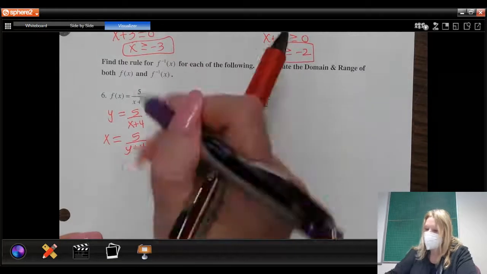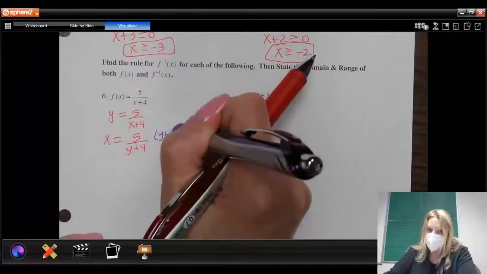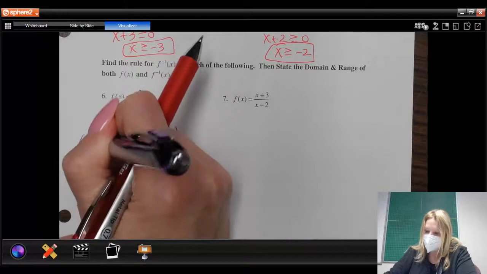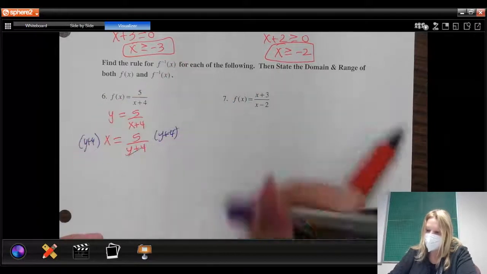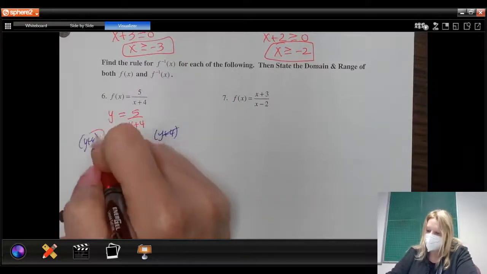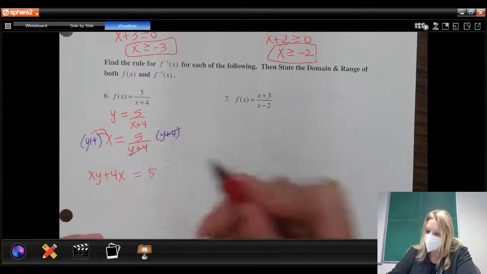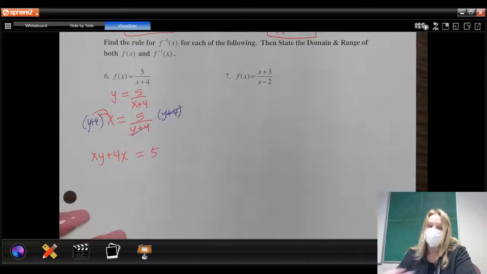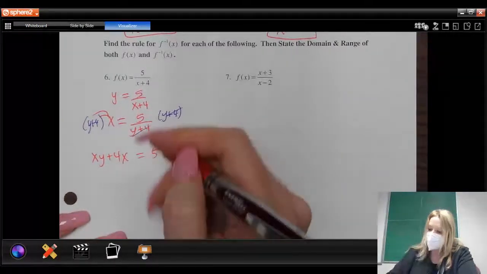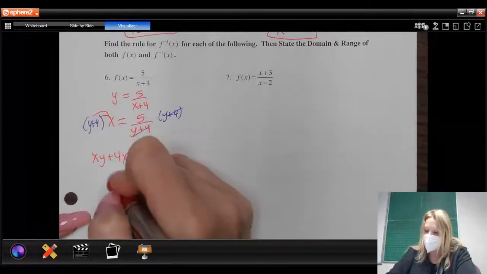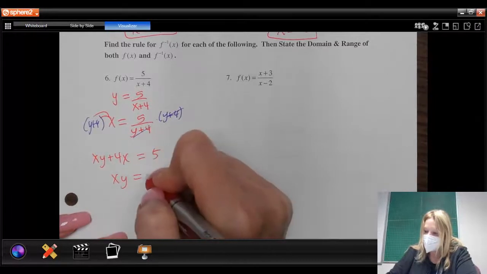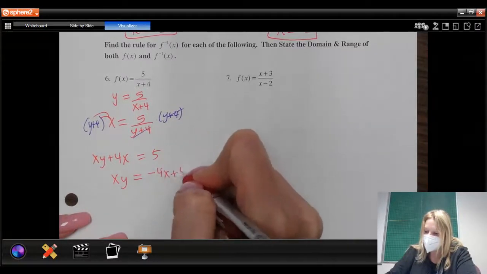So I can multiply both sides by y plus 4. So here, this is xy plus 4x equals 5. Then if we need to solve for y, we need to isolate the term with y. So xy equals -4x plus 5.